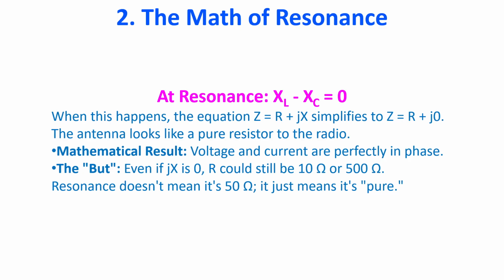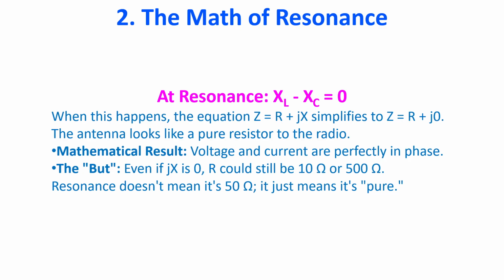When this happens, the equation Z equal to R plus JX simplifies to Z equal to R plus J0. That is just R. The antenna looks like a pure resistor to the radio. Mathematical result is that voltage and current are perfectly in phase. As we discussed earlier, there is no 90-degree phase shift.